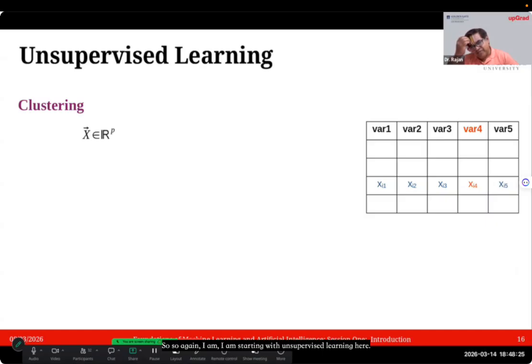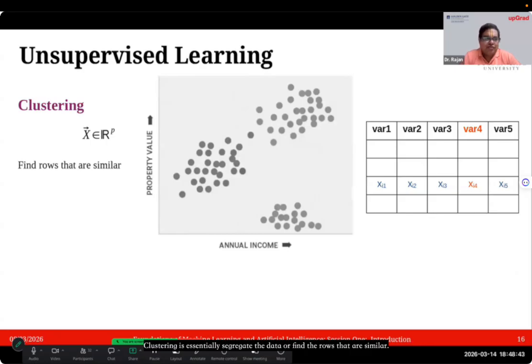Again, I'm starting with unsupervised learning here. In unsupervised learning, let's take a look at a simple task called clustering. What is clustering? Clustering is essentially to segregate the data, or find the rows that are similar. This is the algorithm we tell the model: identify the rows that are similar to each other.